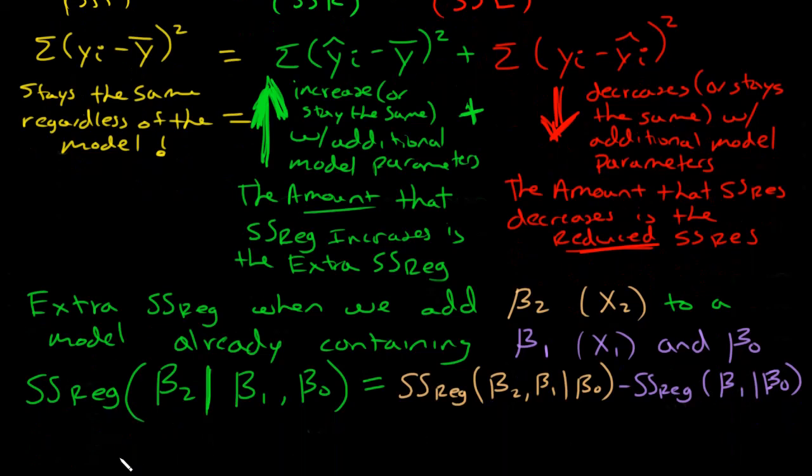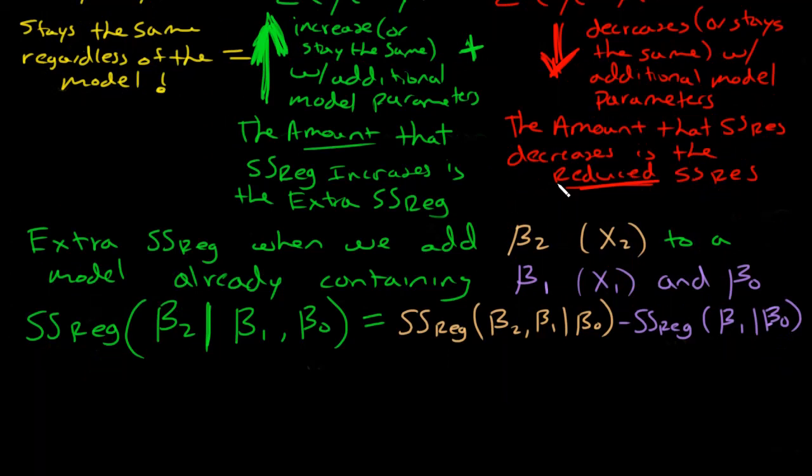And I just want to point out, before I move on to the reduced sum of squares residual, that this is my favorite notation because what we're doing is adding in model parameters, betas. Not everyone uses this notation, and I've seen it written probably 50-50 in different textbooks, where they use the x's.